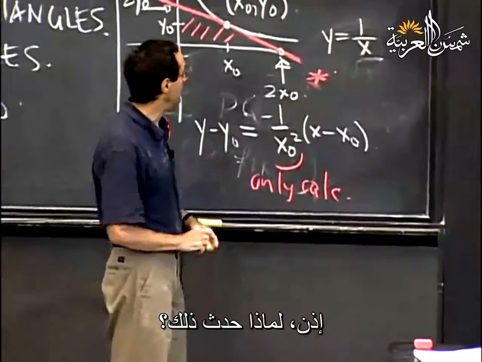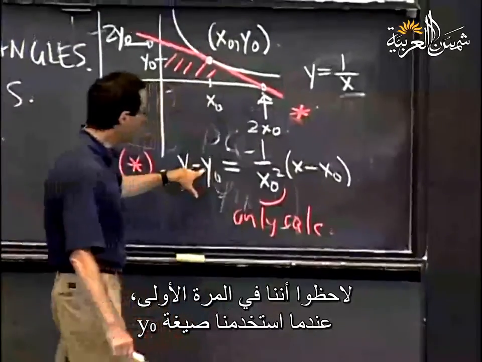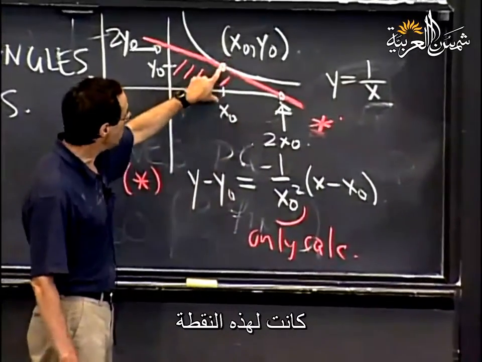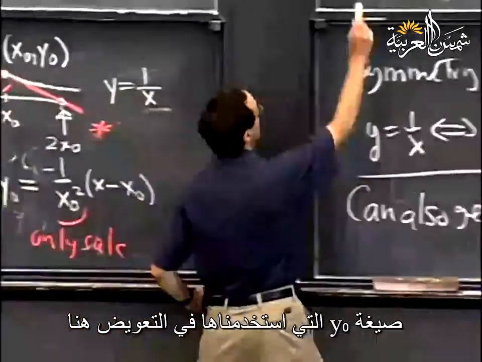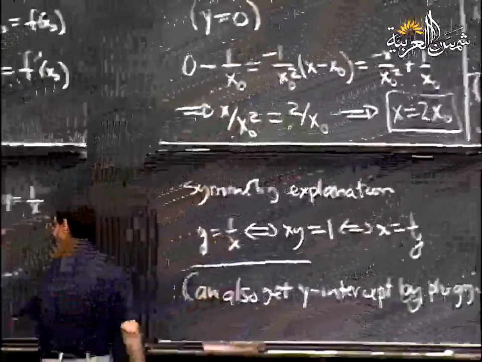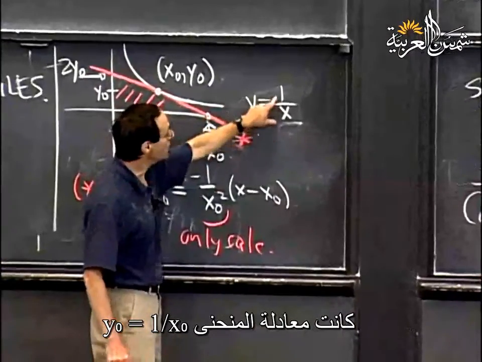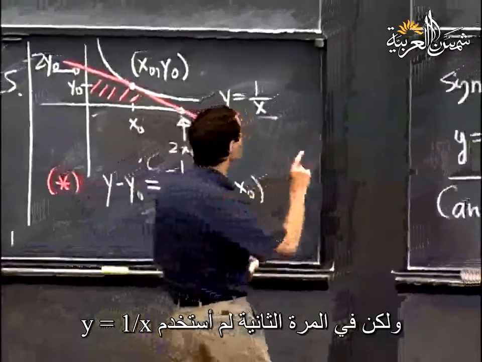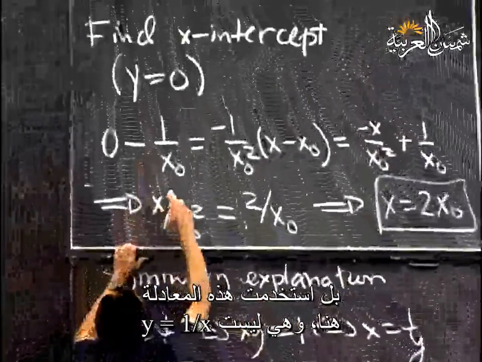Why is that? Well, notice that the first time that I got a formula for y0 here, it was this point, and so the formula for y0, which I plugged in right here, was from the equation of the curve, y0 equals 1 over x0. The second time I did it, I did not use y equals 1 over x. I used this equation here.